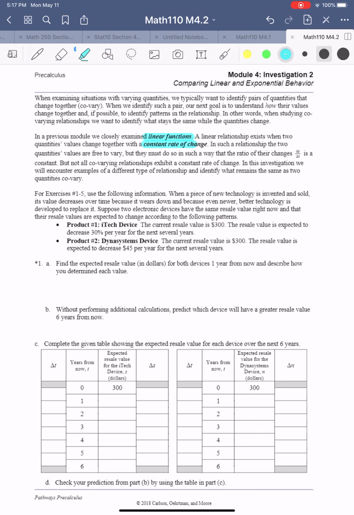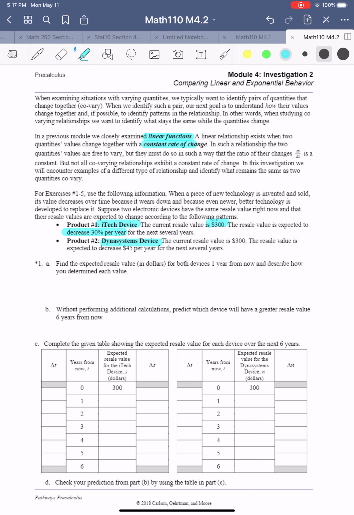So there are two products. One is the iTech device, and the second is the Dyna Systems device. For the first, the current resale value is $300, and the resale value is expected to decrease 30% per year for the next several years.